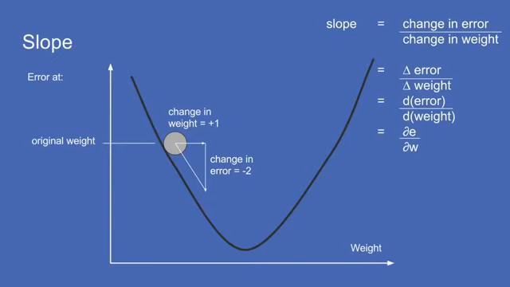But don't worry, otherwise just gloss over this and pay attention to the rest, and you'll get a general sense for how this works. So in this case, if we change the weight by +1, the error changes by -2, which gives us a slope of -2. That tells us the direction that we should adjust our weight and how much we should adjust it to bring the error down.